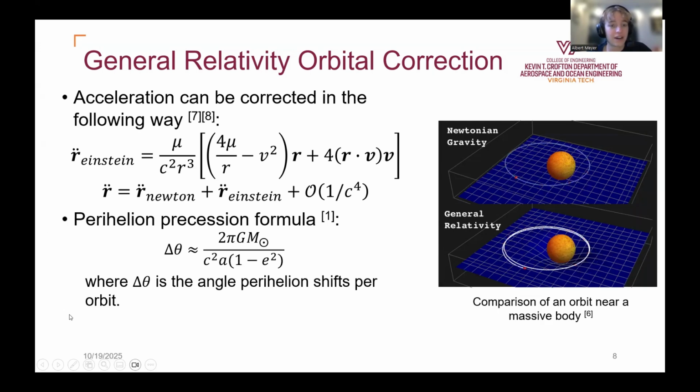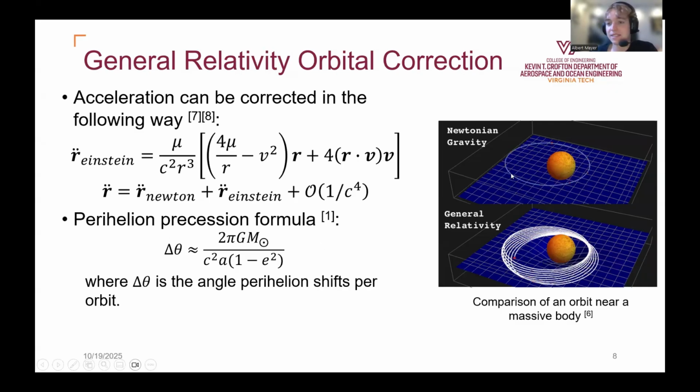The main formula that I'll be focusing on in this lecture is this perihelion precession formula. So what does that mean? This delta theta over here is the angle that perihelion shifts per orbit. So in general relativity, when you are solving a two-body problem, the perihelion will precess by this angle per orbit.